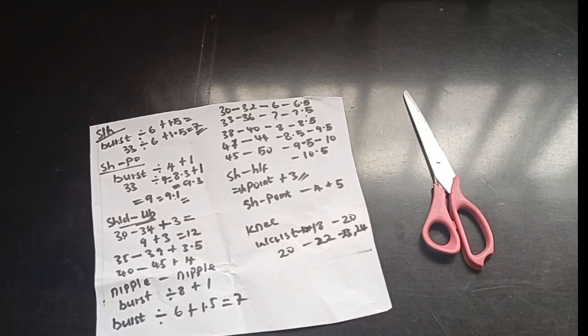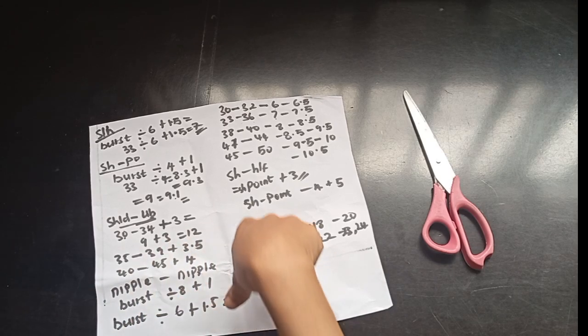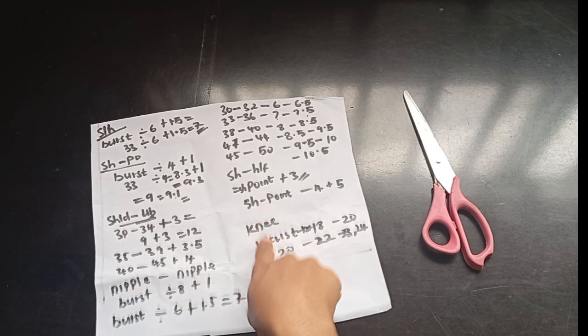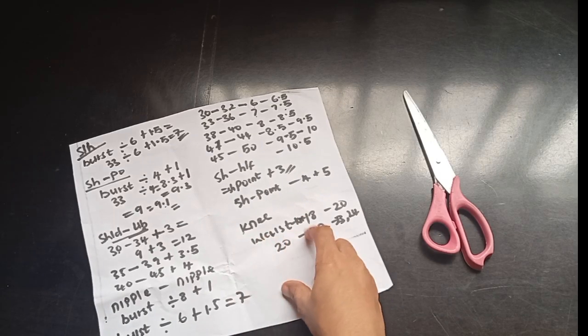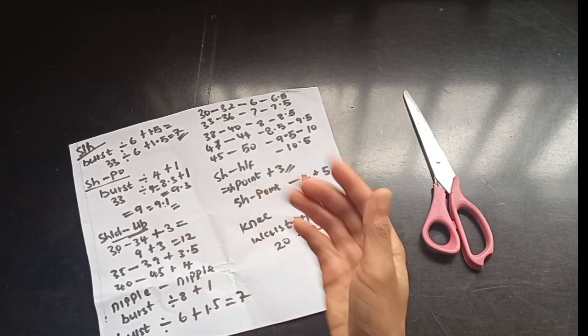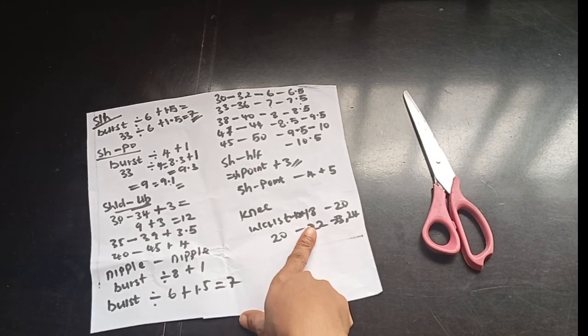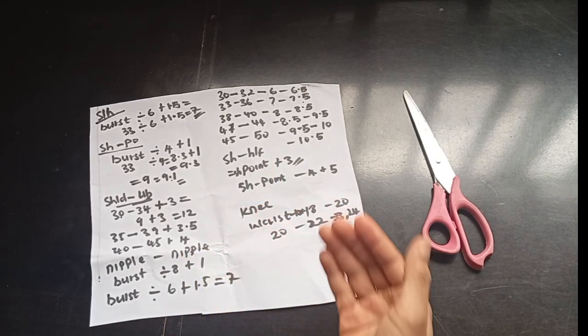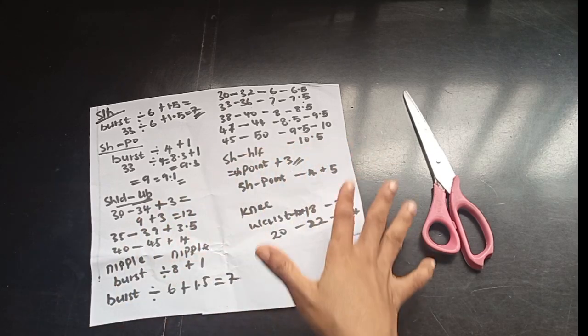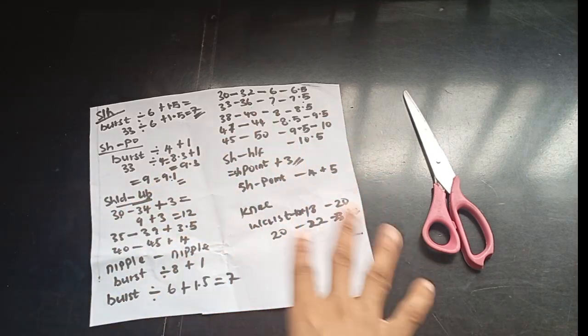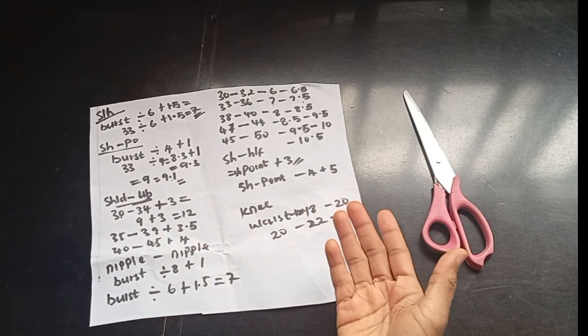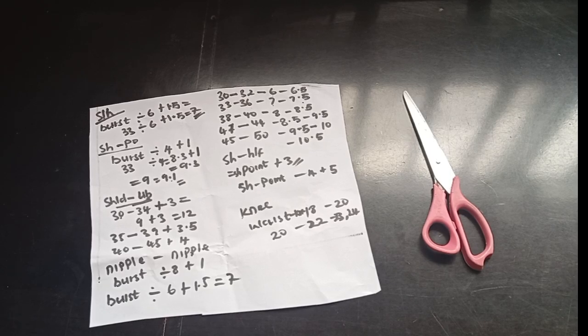This totally depends on the person's height. I don't think there's an actual measurement, it just depends on the height of the person you're making the dress for. If the person is a bit tall, you can use between 21 to 22 inches, unless the person is very, very tall, then you can go ahead and use 23 inches.